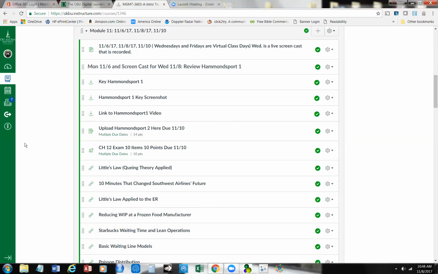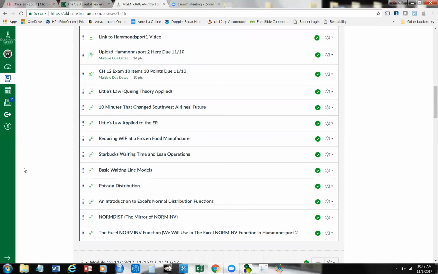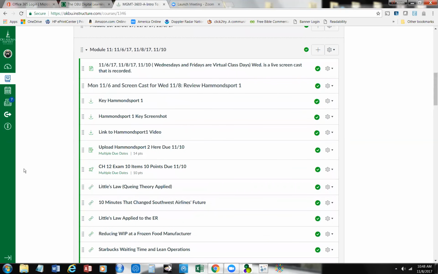The probabilistic inputs, as they note, are generally generated utilizing a simulation. Again, I had the key for Hammond's Port 1, and in that one we had used the waiting line model.